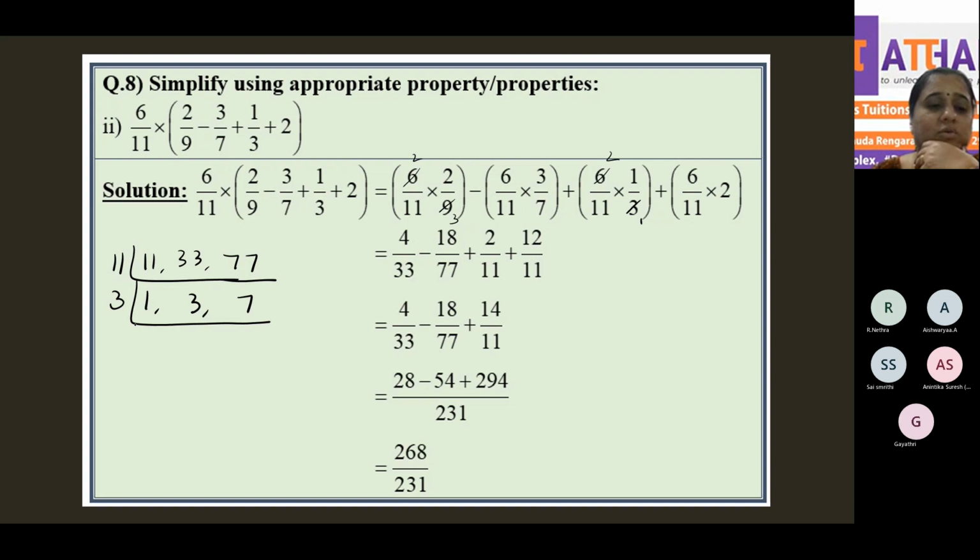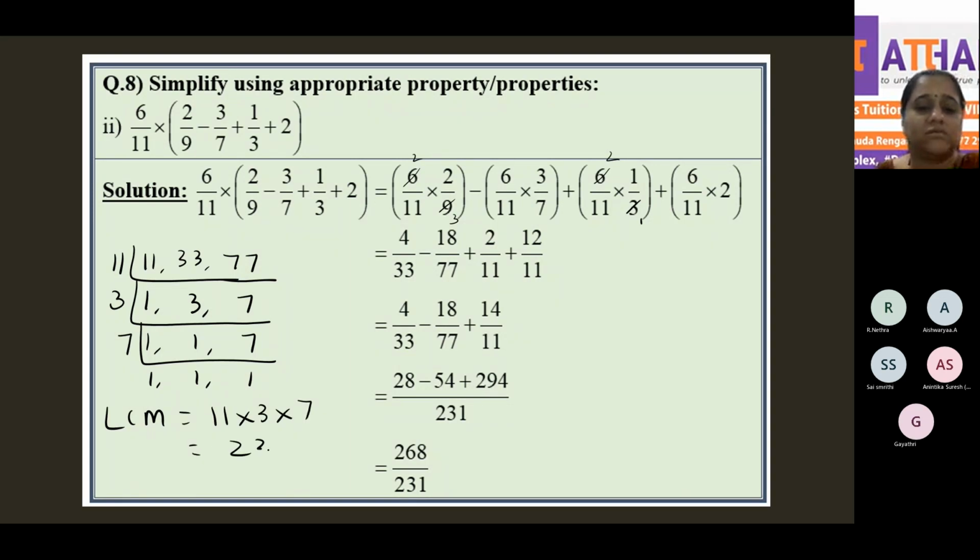Then 3, 1, 1, 7, and 7, 1, 1, 1. So the LCM of these three numbers is 11 into 3 into 7, which is 231. Yes, ma'am.